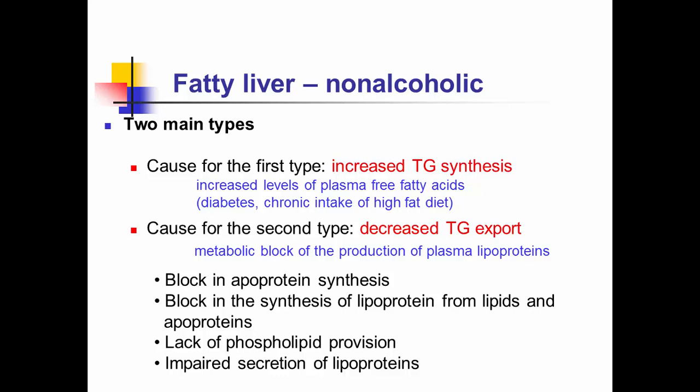For example, blocks in the apoprotein synthesis. Remember, the apoprotein is very important, right? For synthesis of VLDL, for example. If VLDL cannot be efficiently synthesized, then the triglyceride cannot be removed from the liver, right?